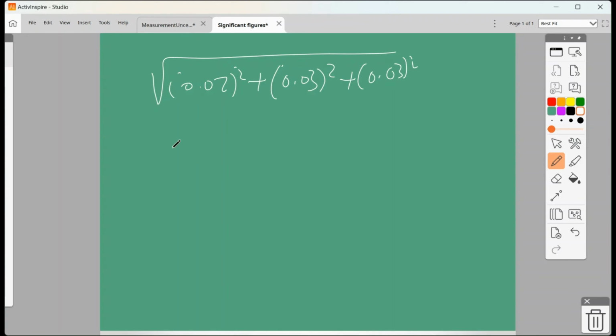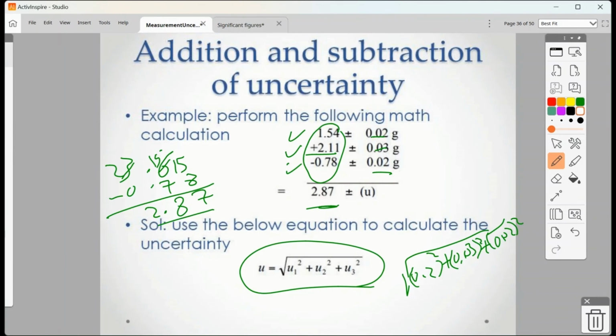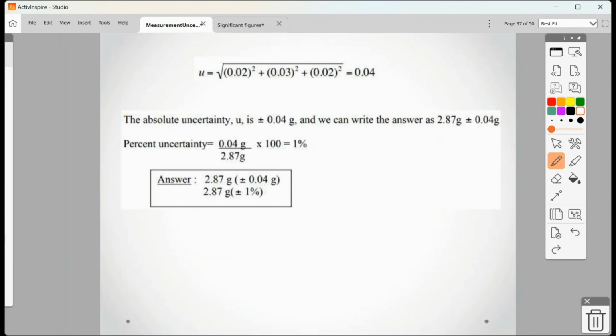When I use the calculator to find this, the answer shows 0.04. This is the uncertainty.